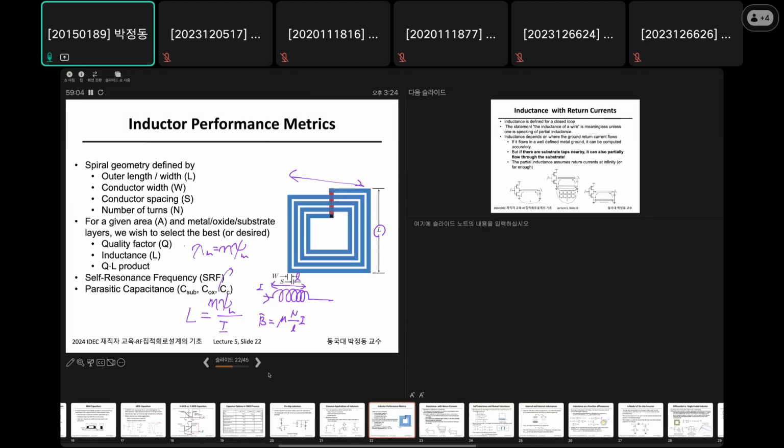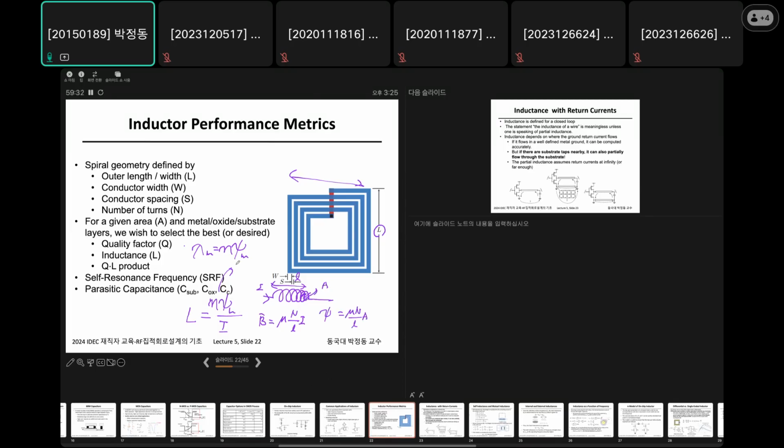This is a well-known solenoid equation. Okay, so what is the flux phi? Phi is just B times the area. Let's say this area is A, right? Then this is just mu n I A over l.